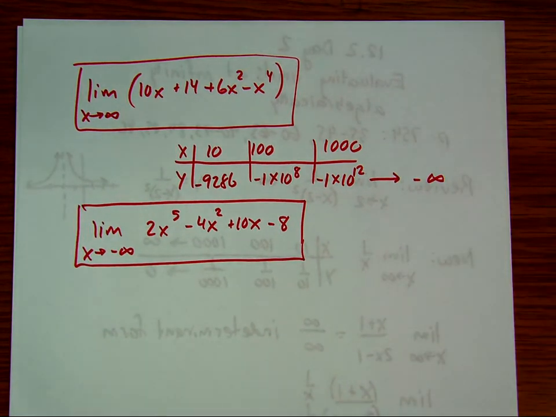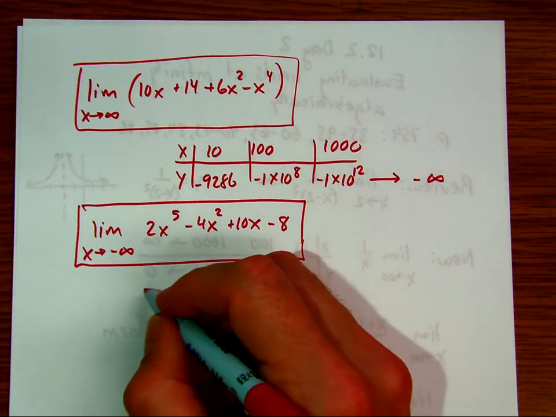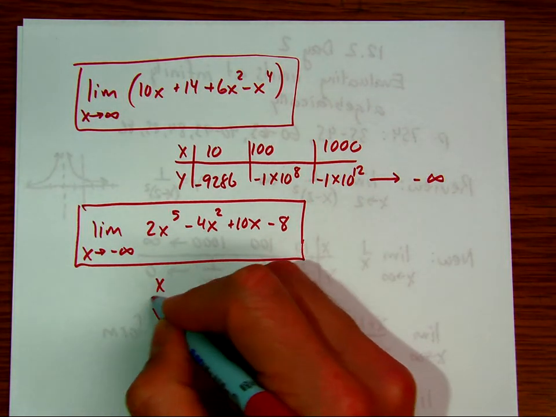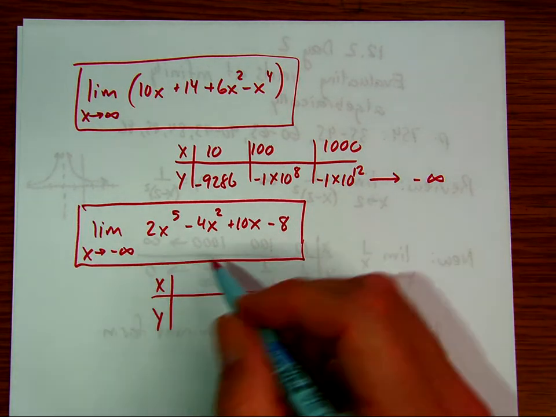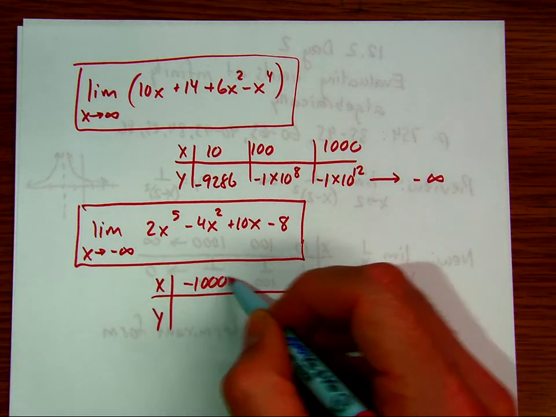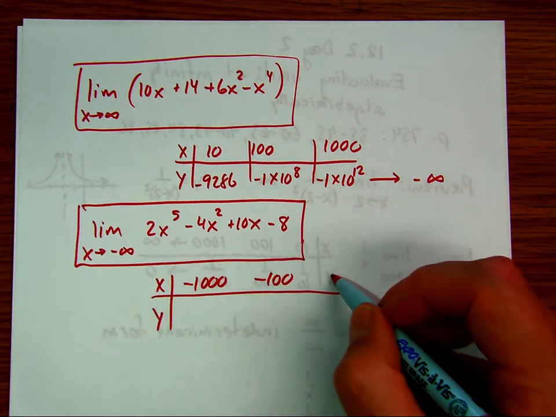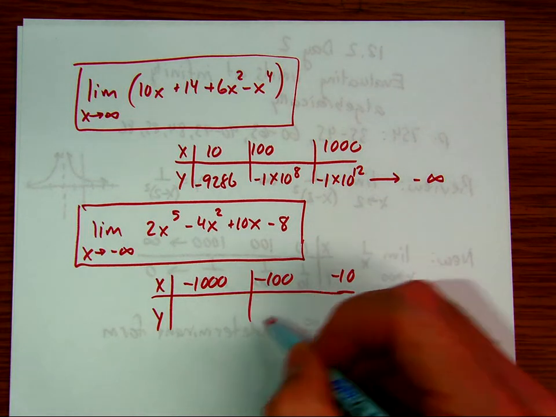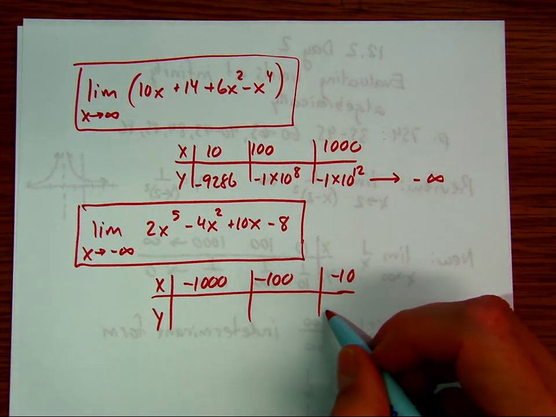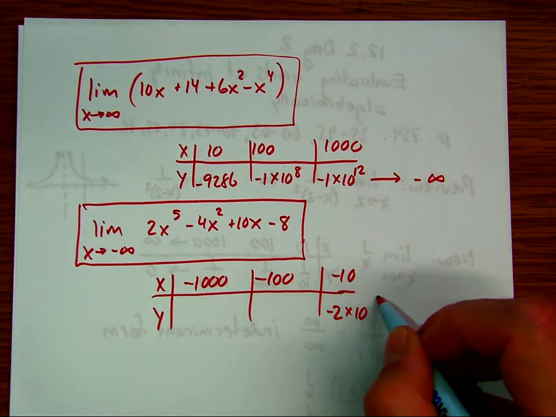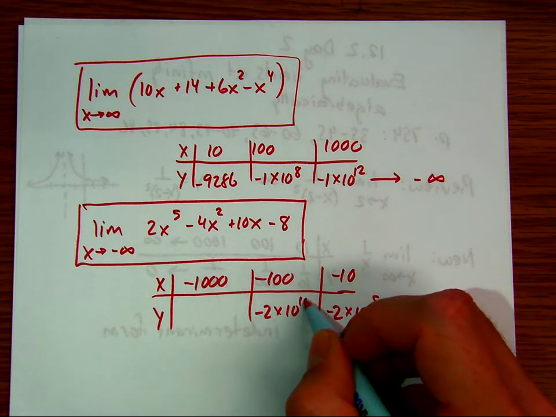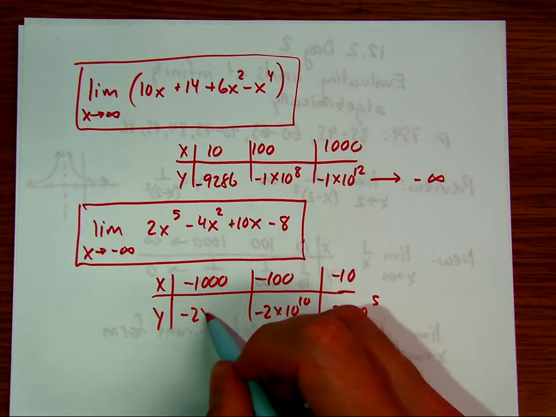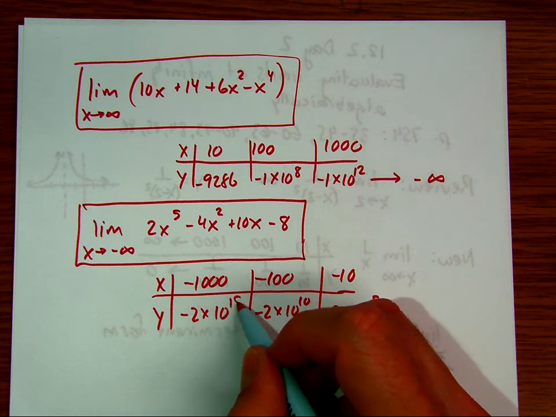Pause the video and try that one with a table. We're going to negative infinity, so let's put negative 1,000, negative 100, negative 10, and what do we get? Negative 2 times 10 to the 5th, negative 2 times 10 to the 10th, negative 2 times 10 to the 15th.